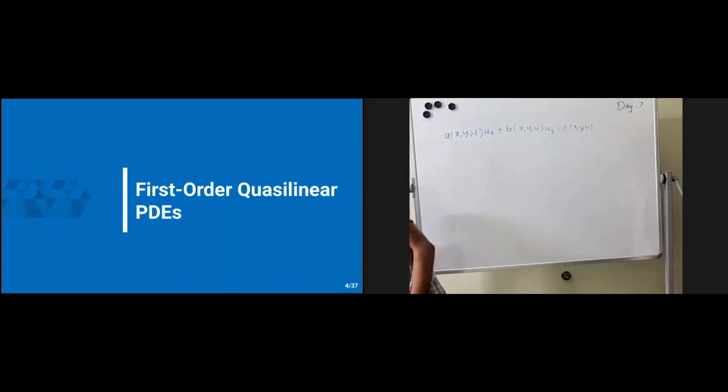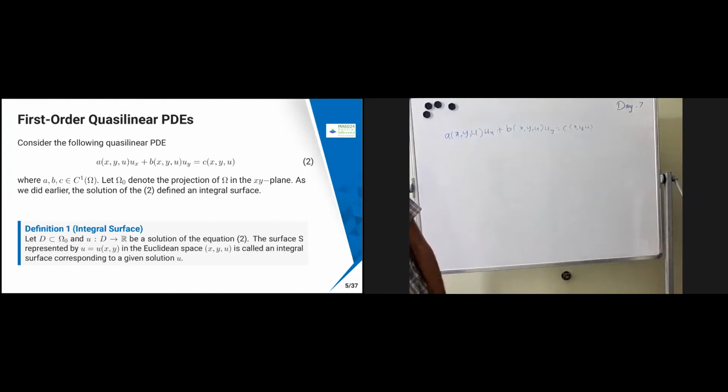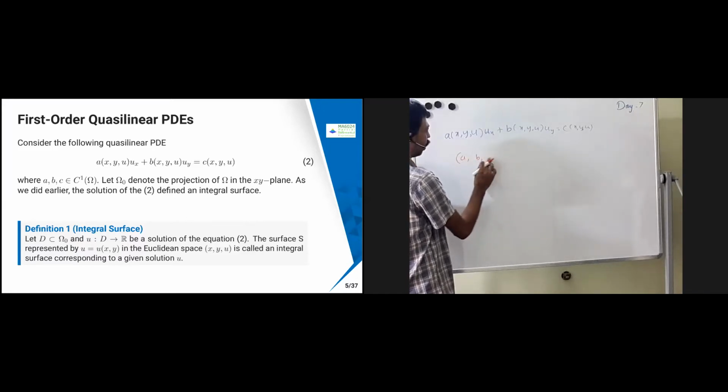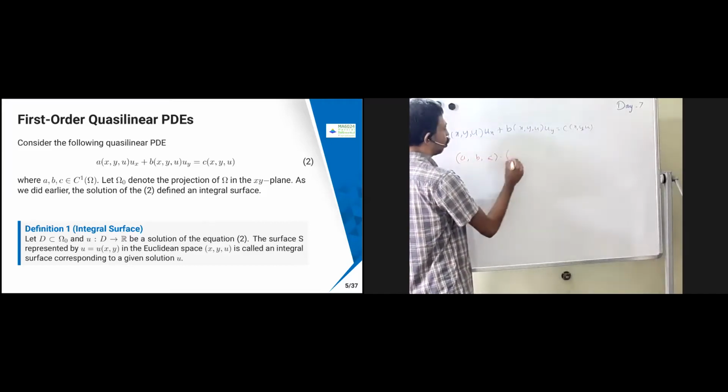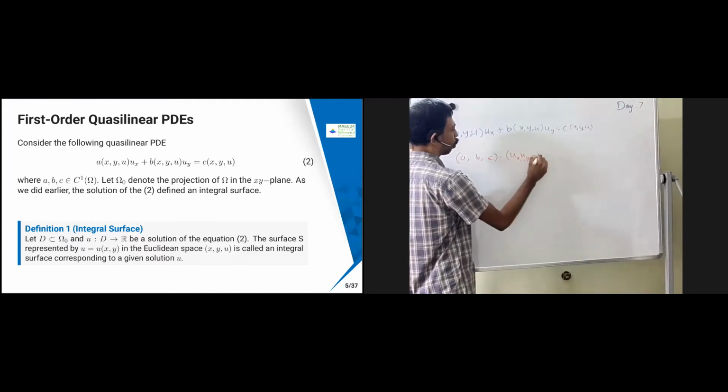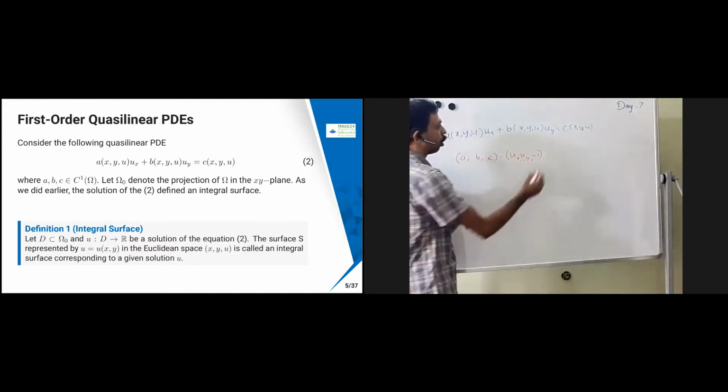Now what we need to do is bring that into the same format, like we can write this as (a, b, -c) dot (u_x, u_y, -1) equal to 0.